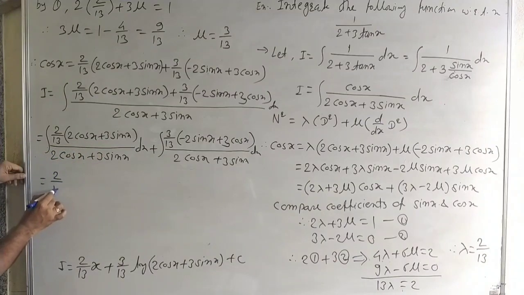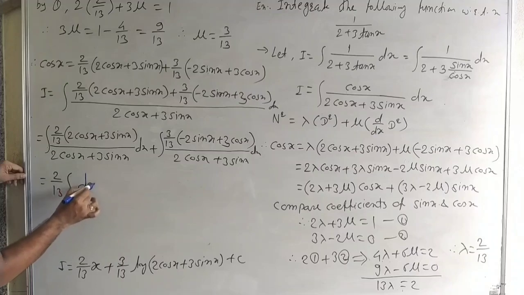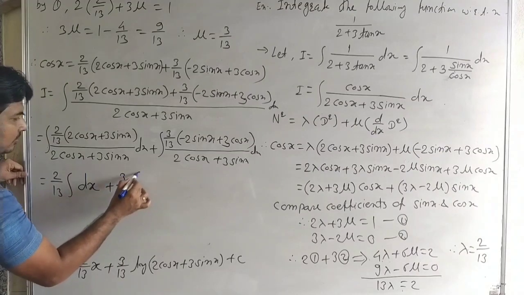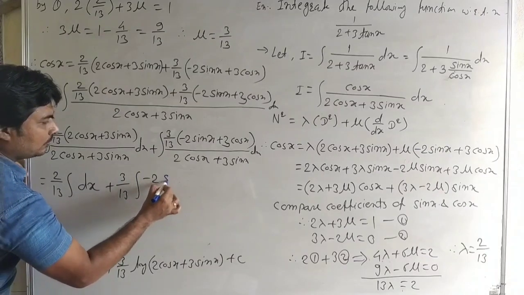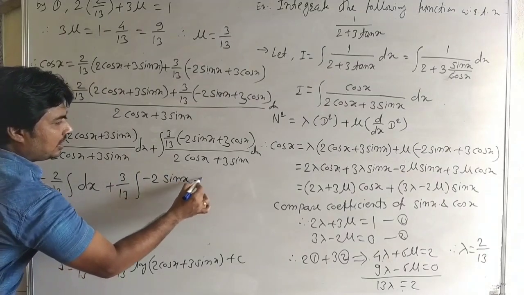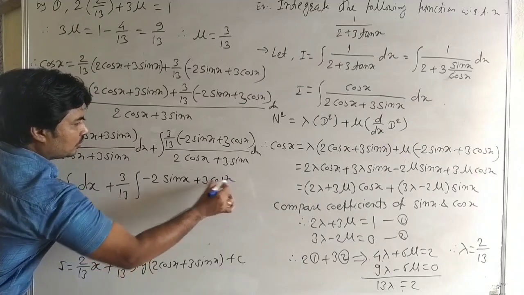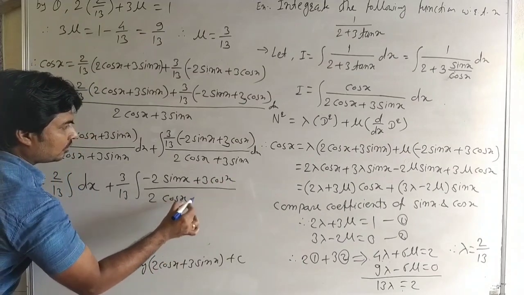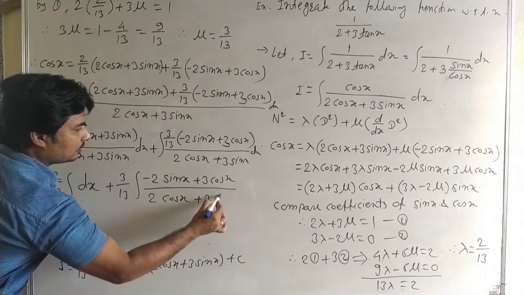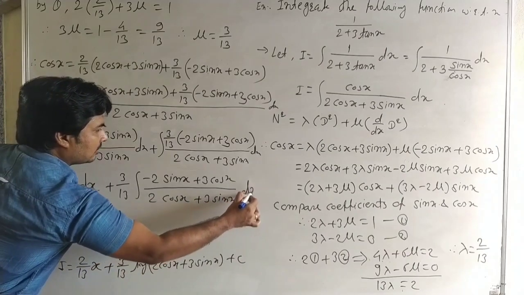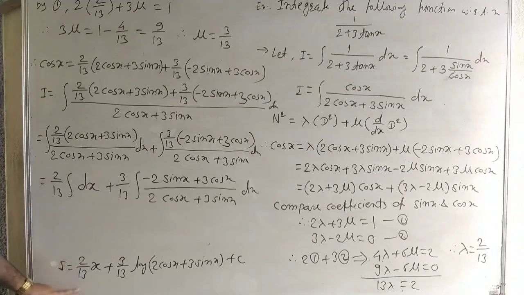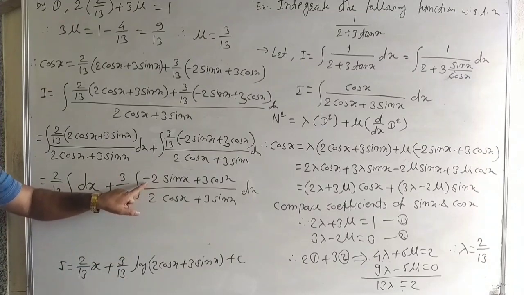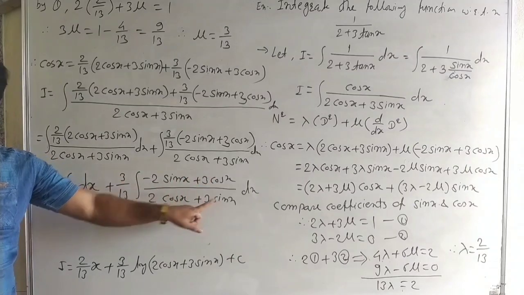Now 2 cos x plus 3 sin x cancels, and 2 by 13 is a constant, therefore it is the integral of dx, plus 3 by 13 constant times the integral of minus 2 sin x plus 3 cos x upon 2 cos x plus 3 sin x dx. Now 2 by 13 integral of dx is x, and for 3 by 13 it is f dash of x upon f of x.